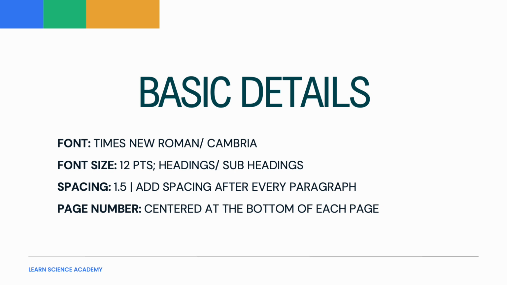This helps the reader keep track of where they are in the document and provides a reference point when citing specific pages or sections. Overall, adhering to these simple formatting guidelines ensures that the research articles are presented as professionally as possible and enhances the clarity and accessibility of the information presented here.